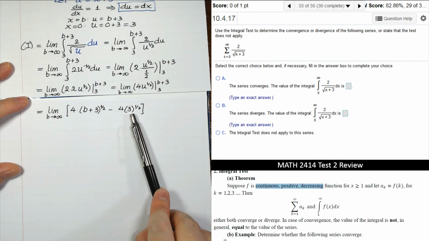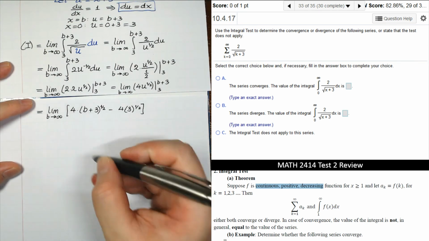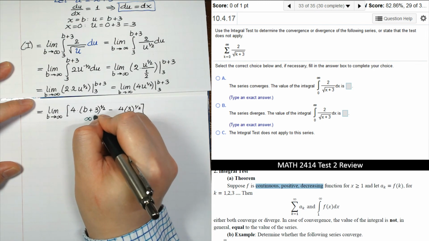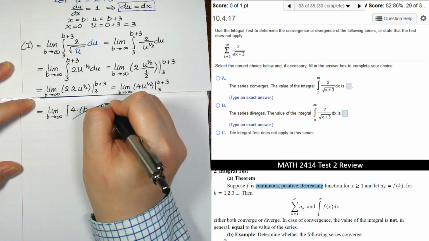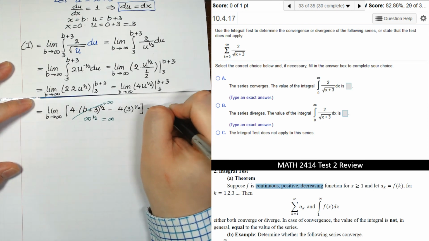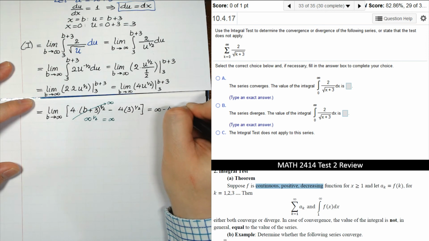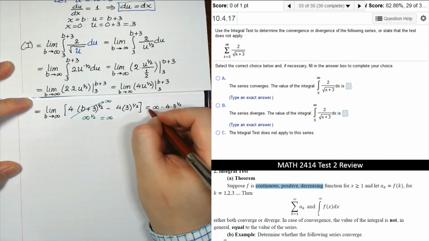Right, that of course has some value, but when we put in infinity here, infinity to the 1/2 of course equals infinity, so this term goes to infinity, therefore we have infinity minus 4 times 3 to the 1/2, and of course that is divergent.